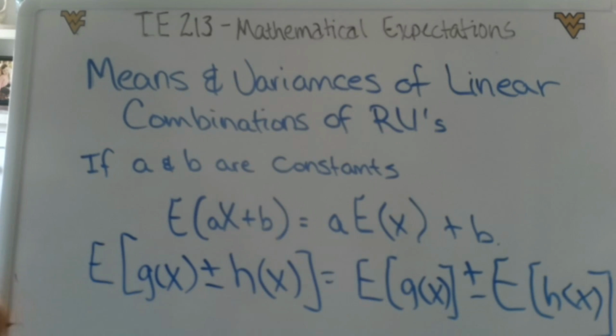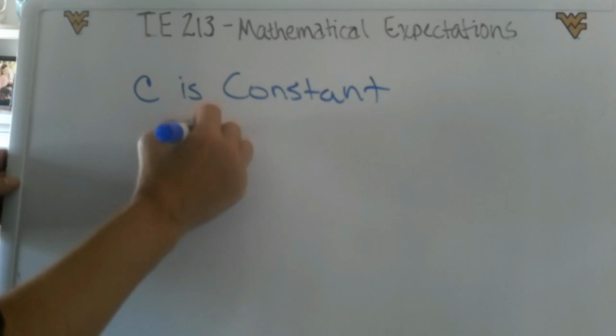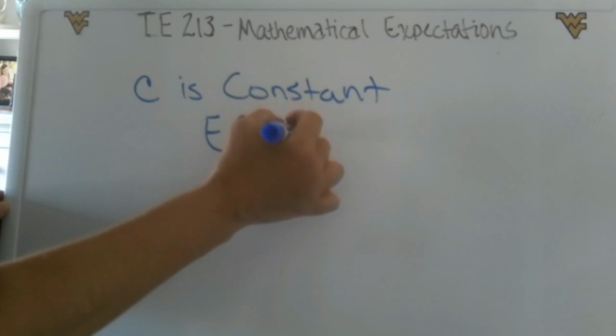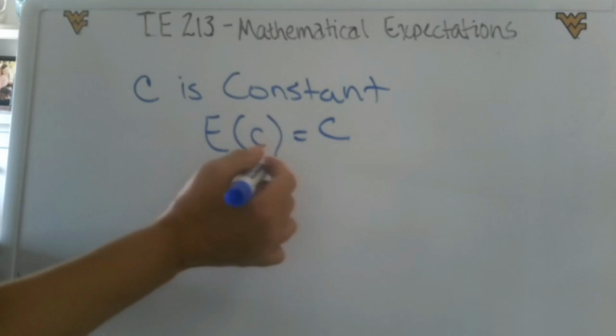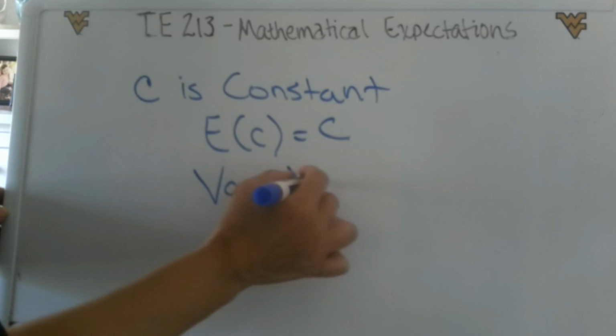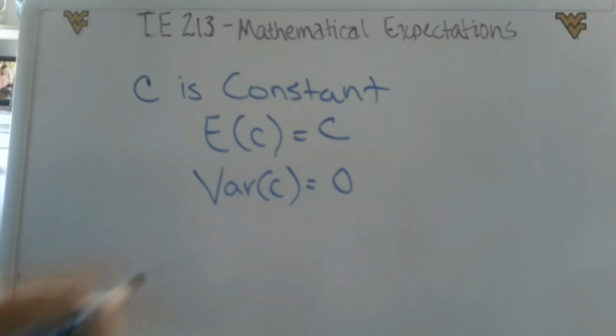If c is a constant number, then the expected value of c is equal to c, and the variance of c is equal to 0. Because if it's constant, you know what it is. There's not really any variation.